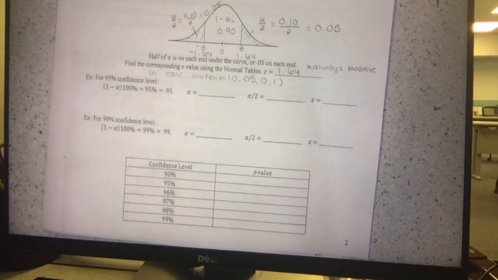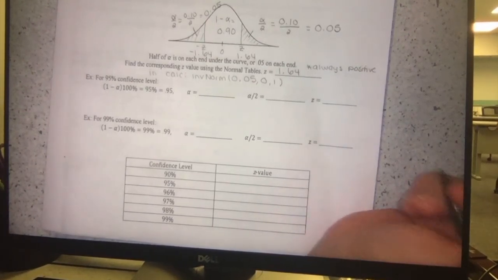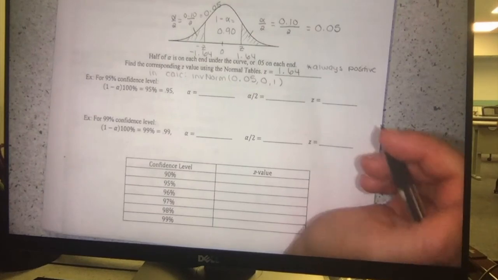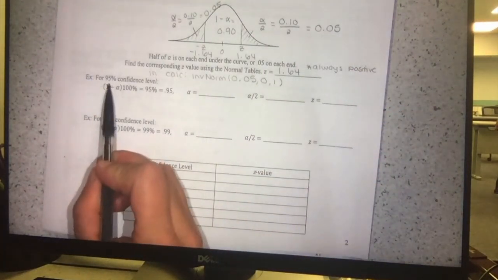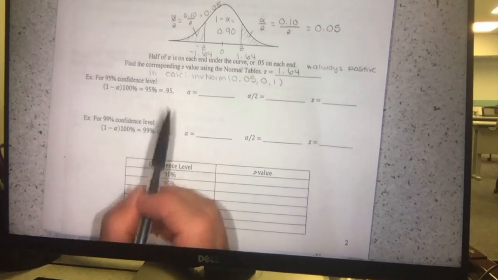So we're going to do the same thing now for 95% and for 99%. So if it's 95% of our whole thing, what's left over?